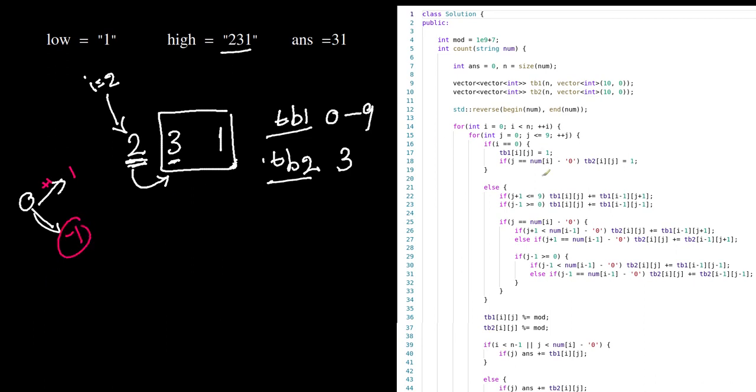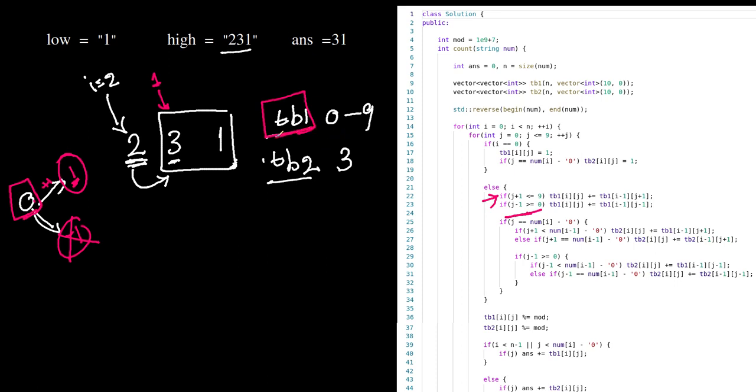Now minus 1 is less than 0, so this is an invalid case. 1 is less than 9. So whatever the solution for the value 1 at this part in this table, we will use it to add that result to the current index value 0.